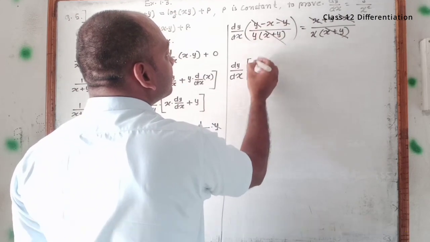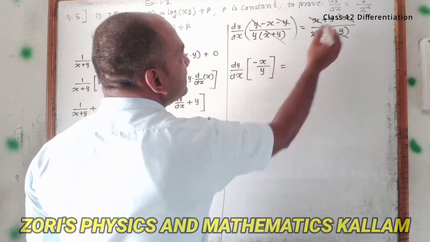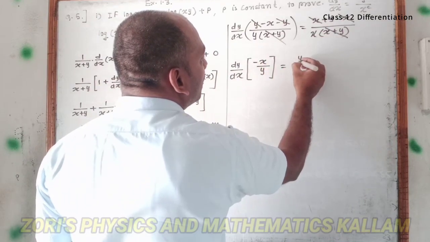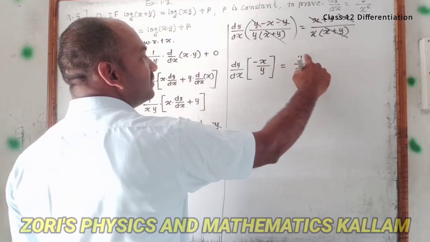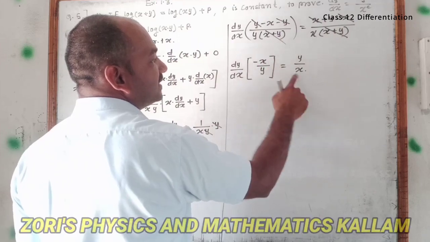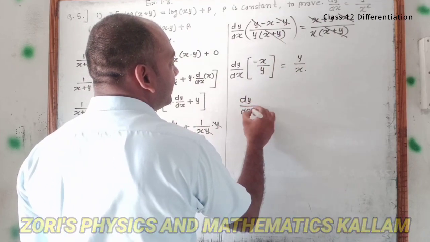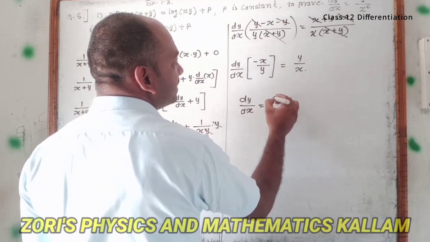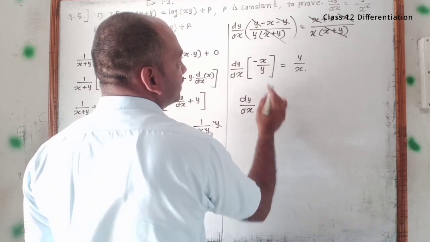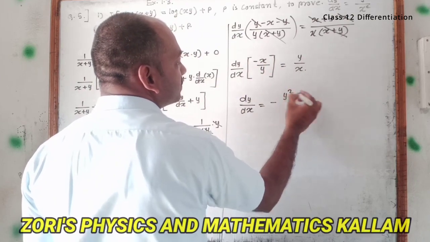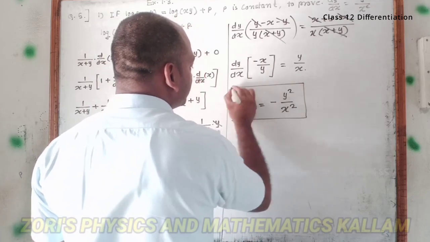We remain with -x/y, that is equal to y/x. So finally we show that dy/dx is equal to -y²/x². So finally we prove this here.